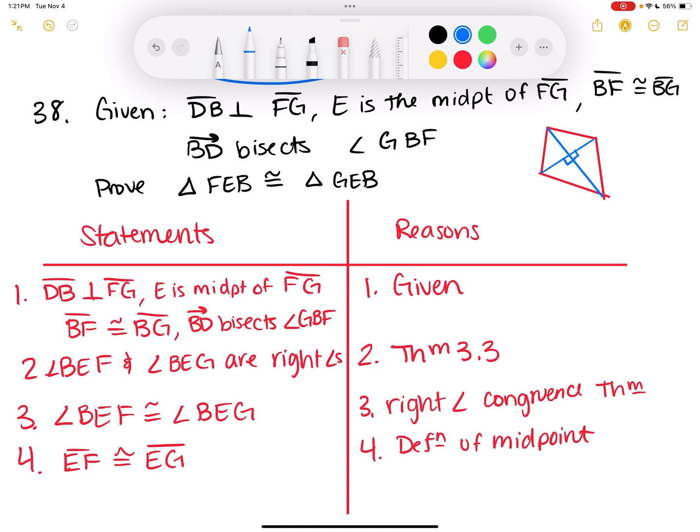I know that these are both right angles, which means that they're congruent. I know that this side is congruent to this side. So I need to look at the other stuff because I need to prove that all those things are congruent to show that the triangles are congruent. So what else do I know at this point? I know the stuff's not labeled. You'll have to look at yours.